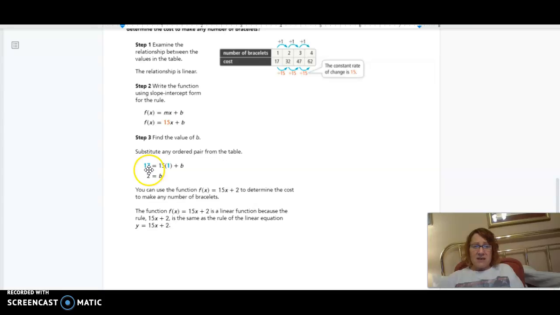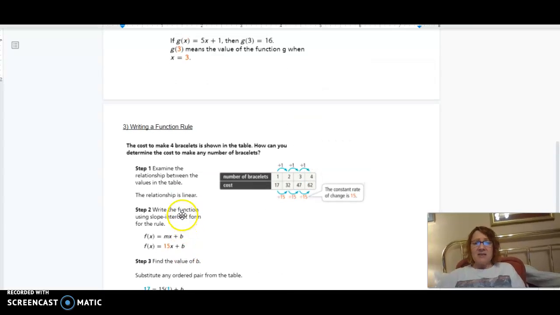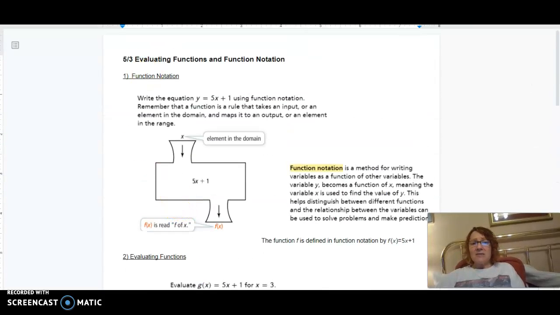So 17 equals 15 times 1 plus b, and then 17 minus 15 is 2. So now the function is either f of x equals 15x plus 2 or y equals 15x plus 2. Either way is fine. So that's the notes for this week.